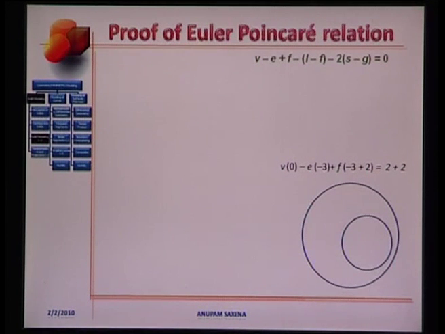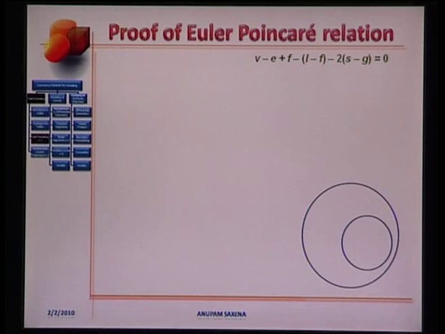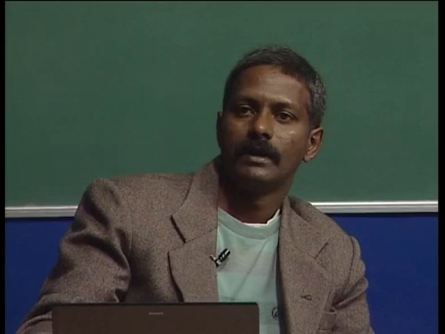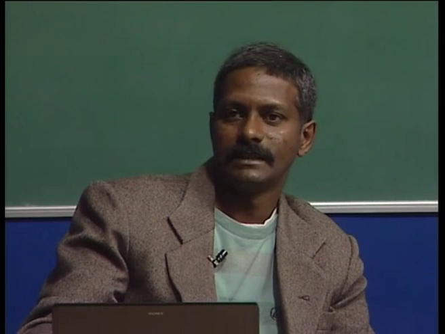I can keep on introducing spherical shells or spherical voids inside the parent sphere, which would help me generalize the right hand side of the Euler relation V minus E plus F as 2 plus 2S'. S' would be the number of shells that I have introduced into the parent sphere.